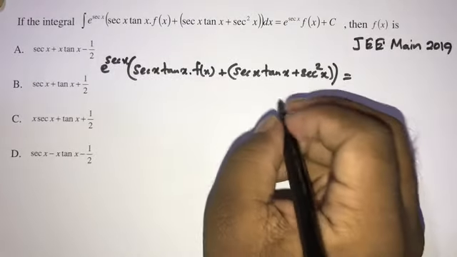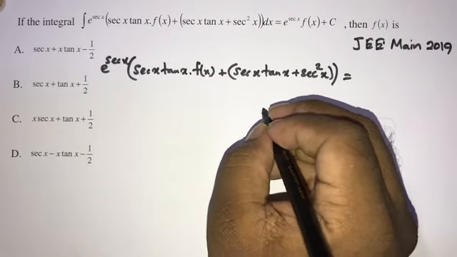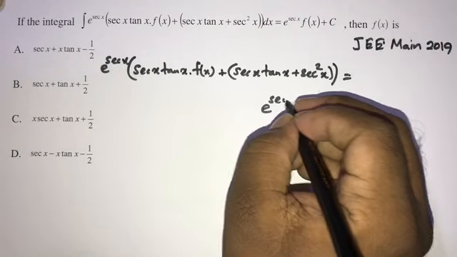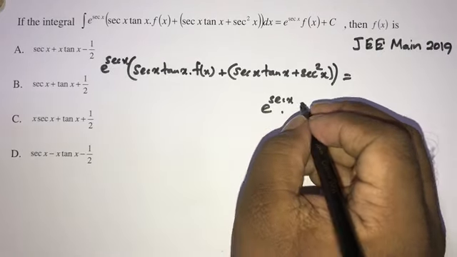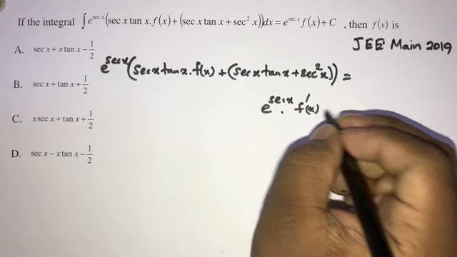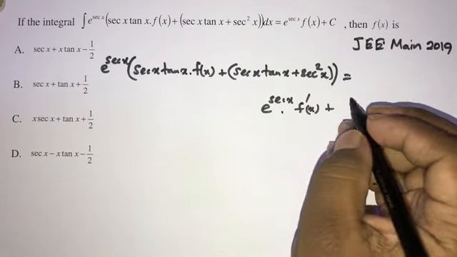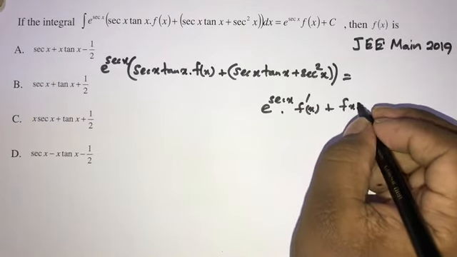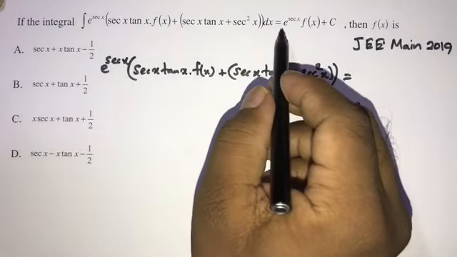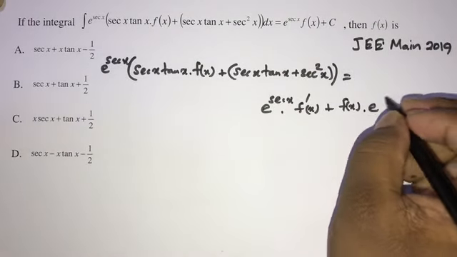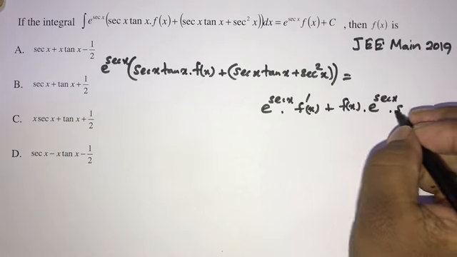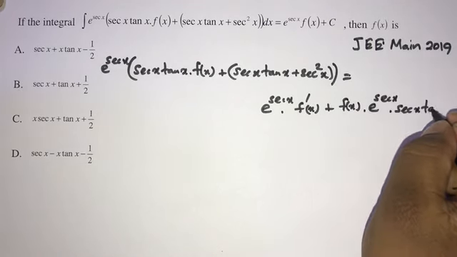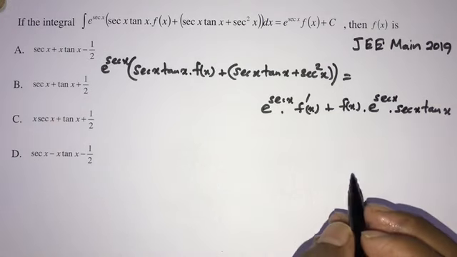So this is equal to, first rewrite the first function, so e to the secant of x. Now the derivative of the second function, so f dash of x, plus now rewrite the second function, so f of x. Now the derivative of the first function, so e to the secant of x times, according to the chain rule, secant of x tan of x.